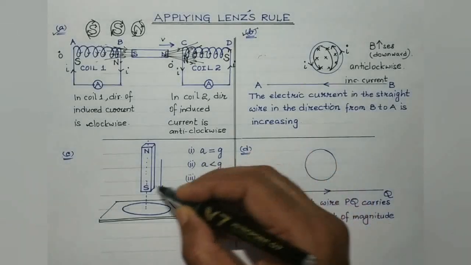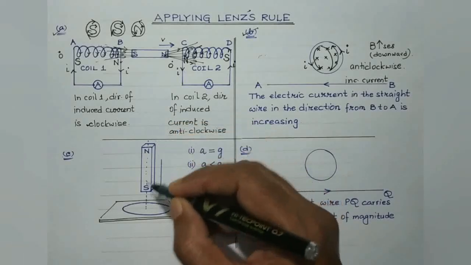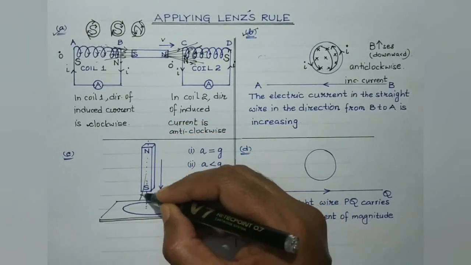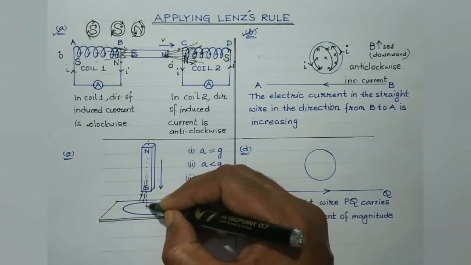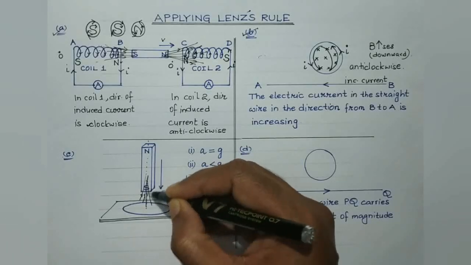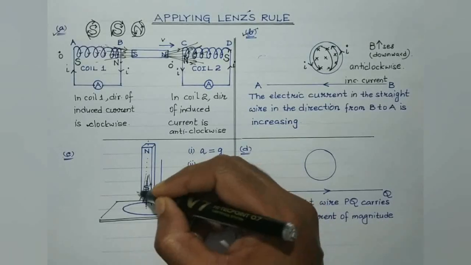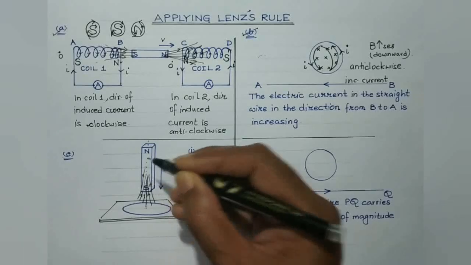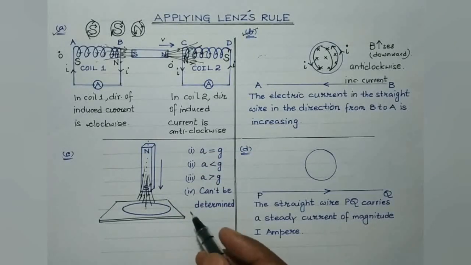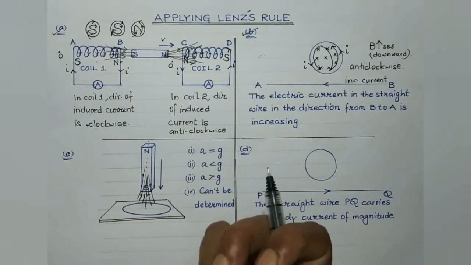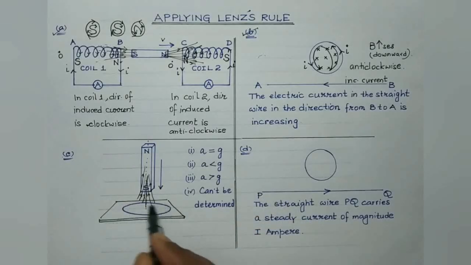Now look students, when the magnet is made to fall freely, the magnetic field lines will tend to grow, right? So due to the approaching magnet, the magnetic flux linked with this coil will increase. So as a result of the change in the magnetic flux, an induced current is produced in this coil placed on the horizontal plane.